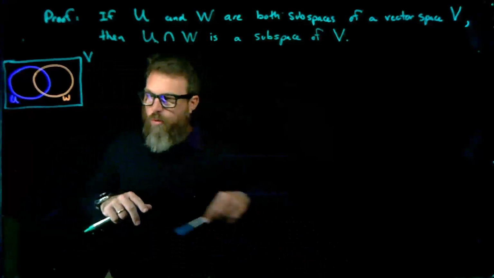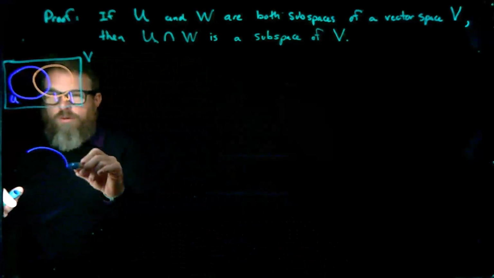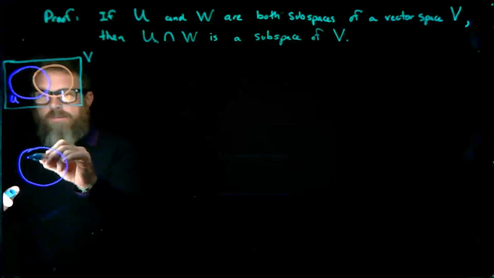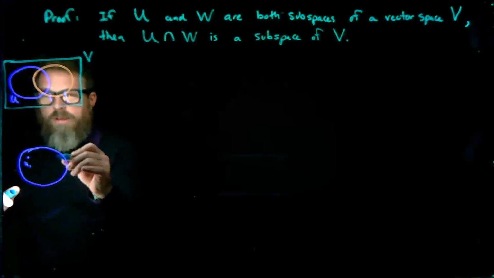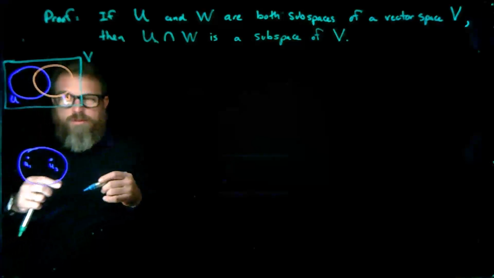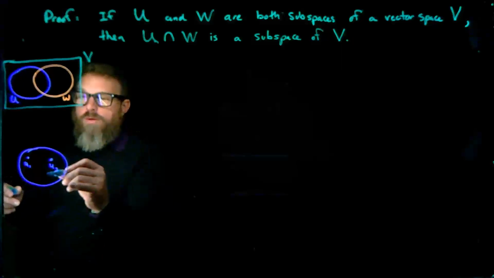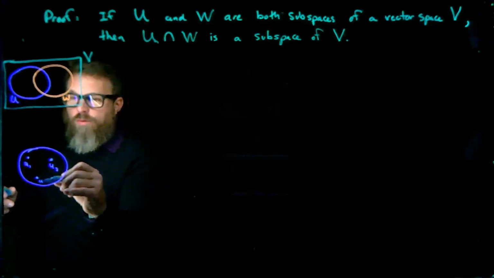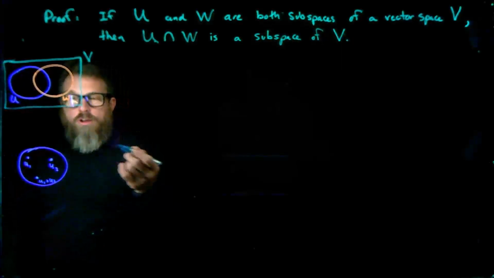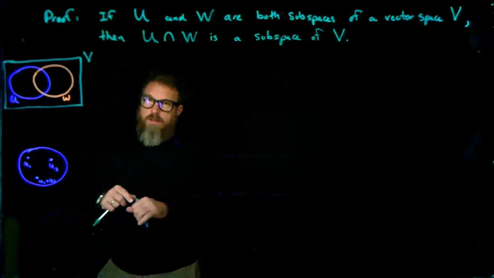Let's go after U real fast and just verify that. What it means is if I have, say, a U1 in here and a U2 also in here, and let's say these things are vectors, I'm just drawing them as dots. Then I know that the vector U1 plus U2 will also be in that vector space, guaranteed.